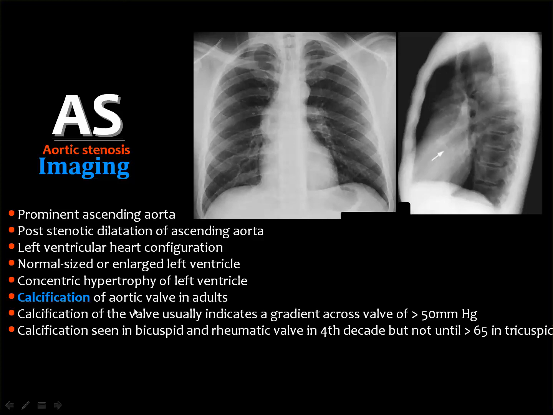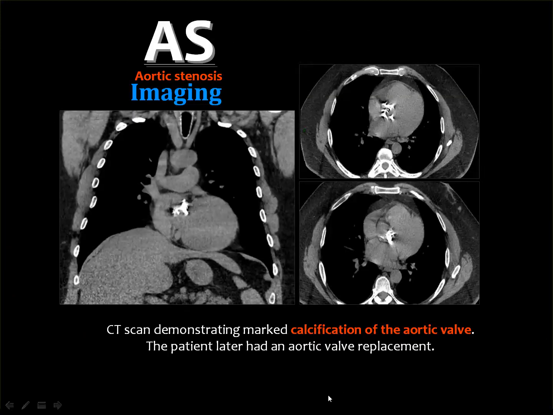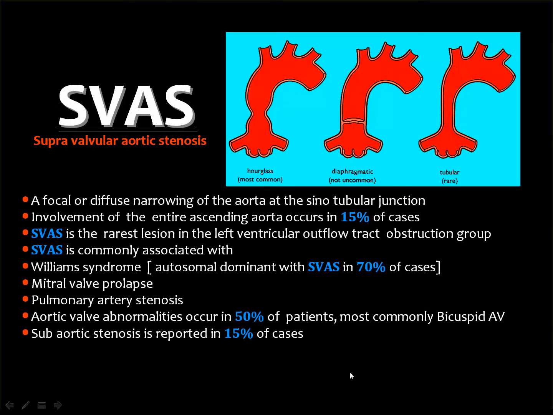Calcification of the aortic valve can be seen in the plain film and also by CT scan. Calcification of the valve usually indicates a gradient across the valve of more than 5 millimeters of mercury, as you can assess by echocardiography. And this is an example of dense calcification in the region of the aortic valve.